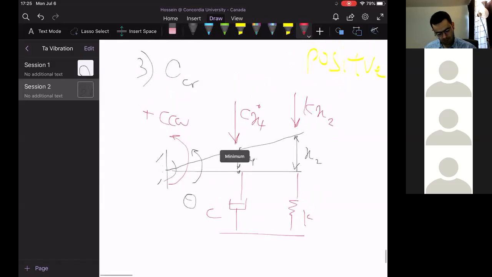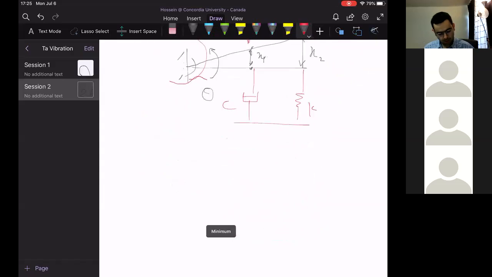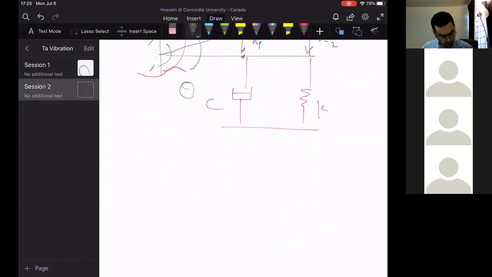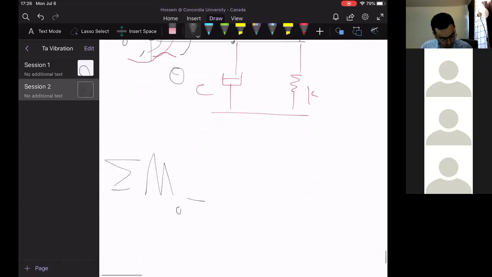So if you take a look here, on the left you have a damping force, on the right you have a spring force. In order to derive the equation of motion, you could simply use the Euler formula: the summation of moments around point O is equal to J around point O times theta double dot.